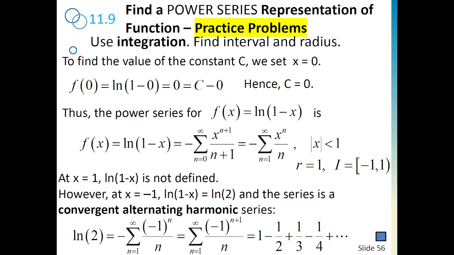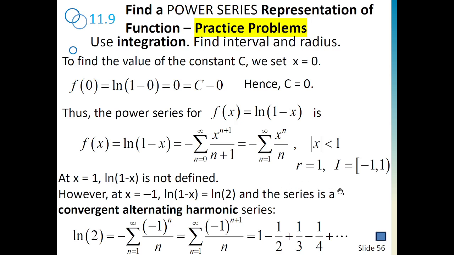At x equal 1, the function is not defined, therefore we cannot have equality. And at x equal minus 1, the function will be ln 2, and we will have negative 1 to the power n divided by n. So this is the alternating harmonic series, which is convergent.